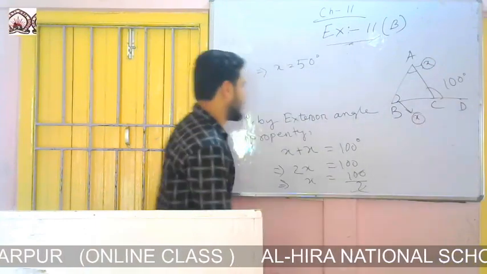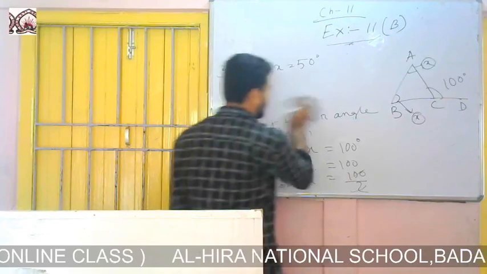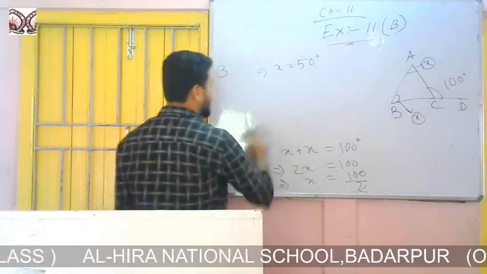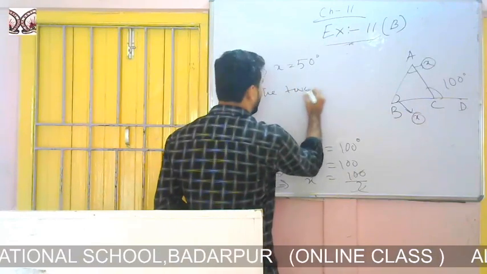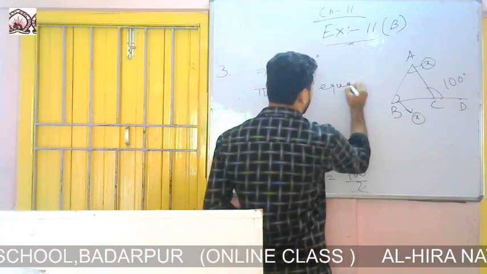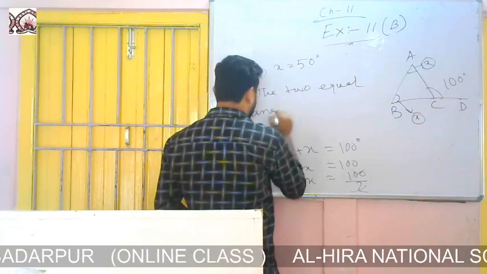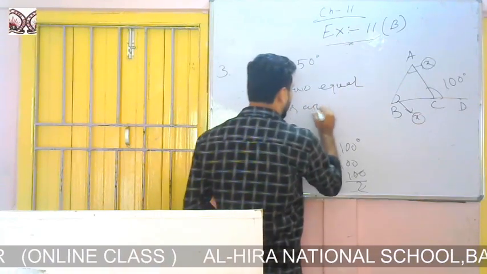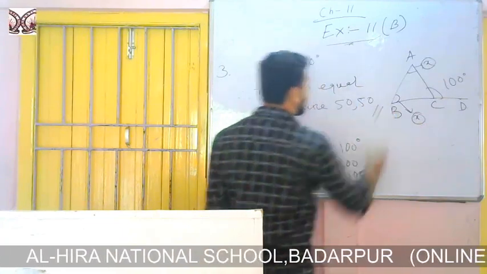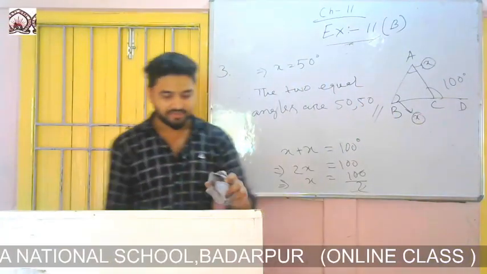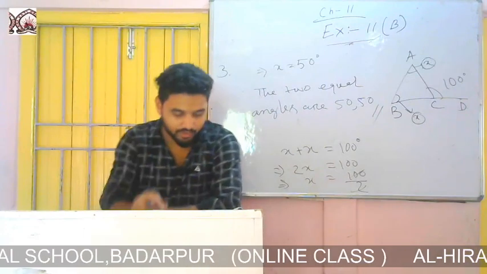So it is proved also. So write, therefore the two equal angles are 50 degree, 50 degree. That is the answer.